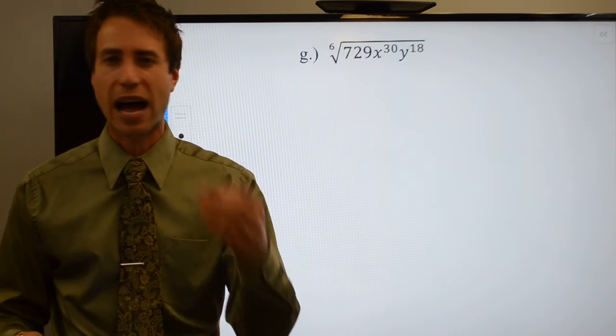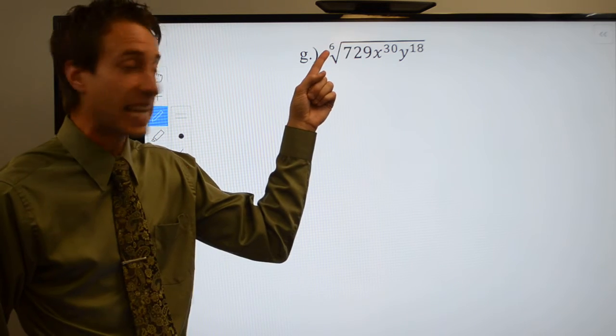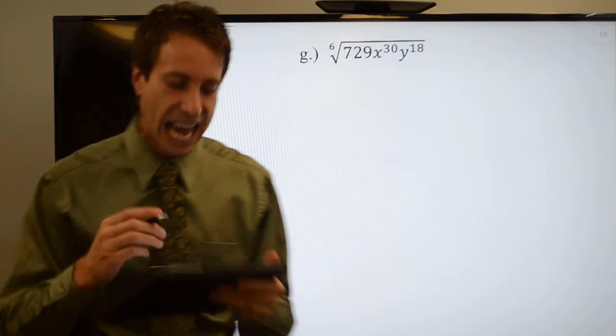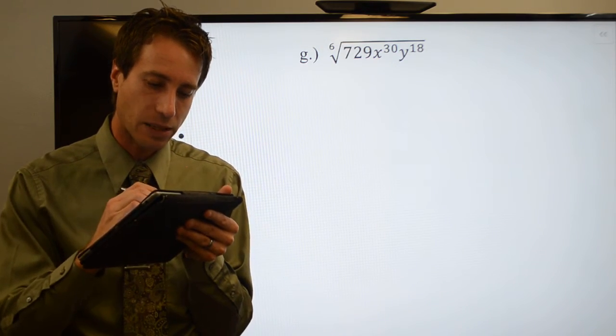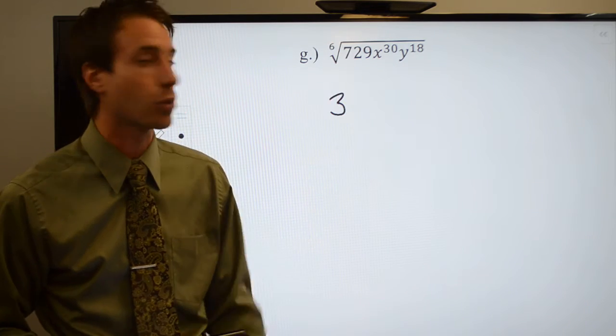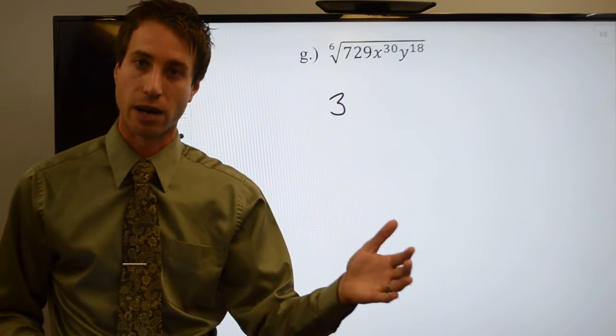You go in there, it'll either be option number 4 or option number 5 that'll allow you to plug in the index that you want and then take the 6th root of 729. In any event, what you'll find is it comes out to be a 3, right? So the 6th root of 729 is 3, or 3 to the 6th power is 729.